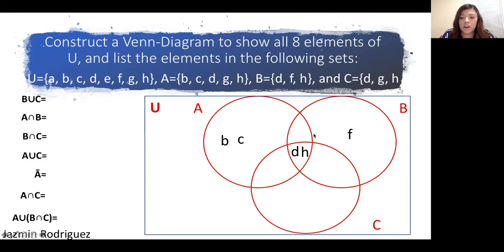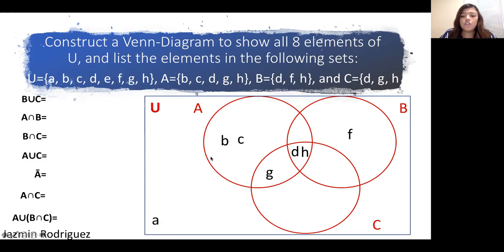And then we also have H, and we see that H is found in A, B, and C. So once again, that's going to go right here in this part of our Venn diagram. And then we see that in elements A and C, we have our element G. So that goes in this part of our Venn diagram.